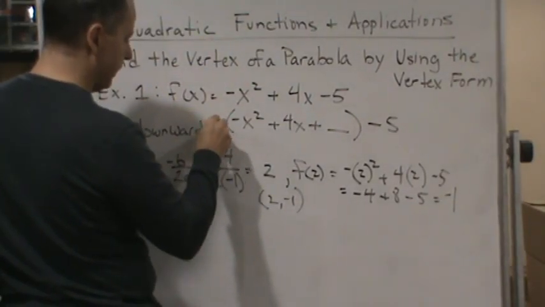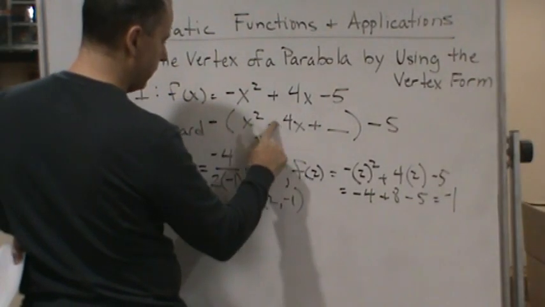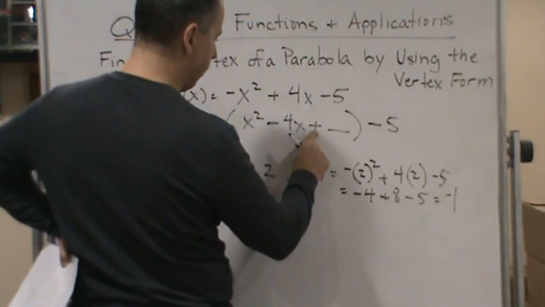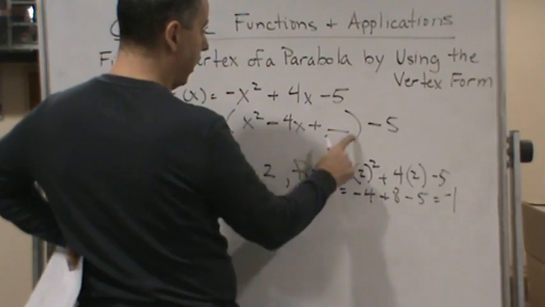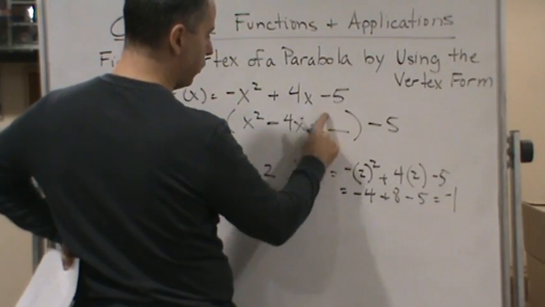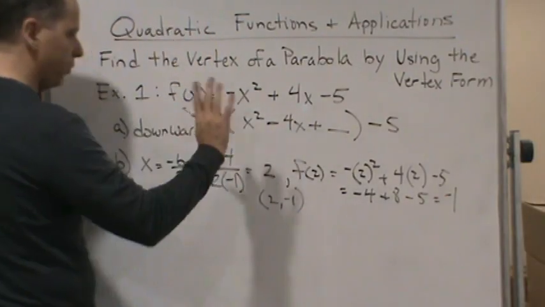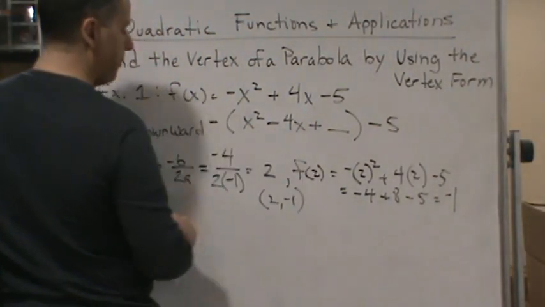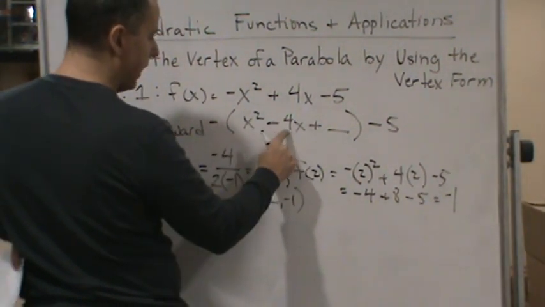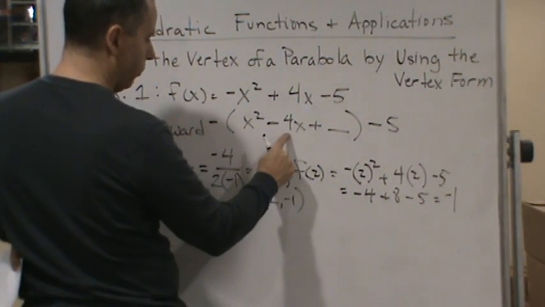So let's factor out the negative, make this positive, and then make this a subtraction. And now again, we don't have to change the sign here because we're always going to have a plus here, because we don't know what's going to go here. So don't worry about changing this. We're only affecting this at this point. So now we have negative 4 divided by 2, which is negative 2.